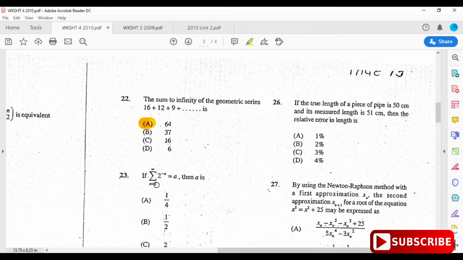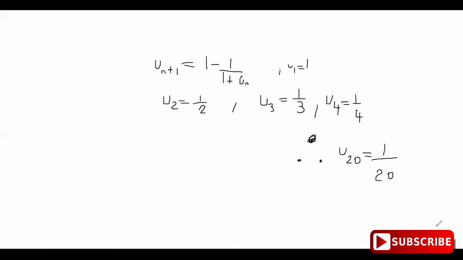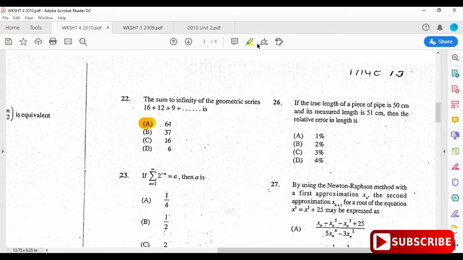The sum from n equals 2 to infinity is sum to infinity again. So let's get it out of sigma notation. It is the sum from n equals 2 to infinity of 2 over n.